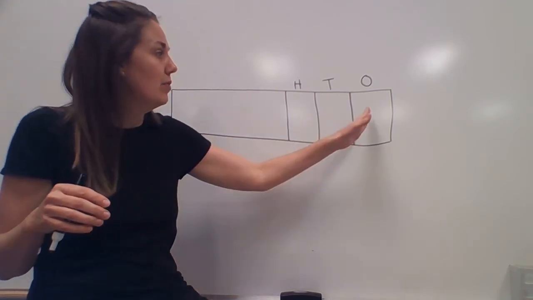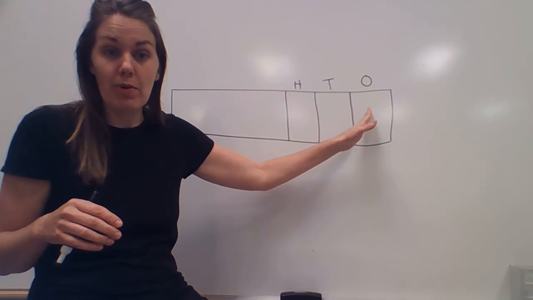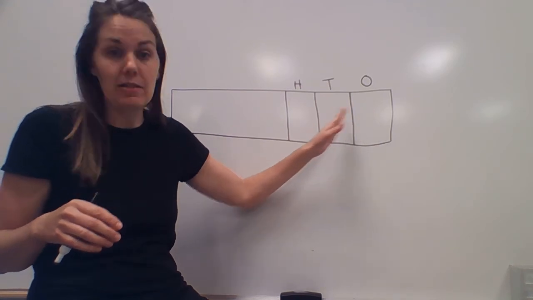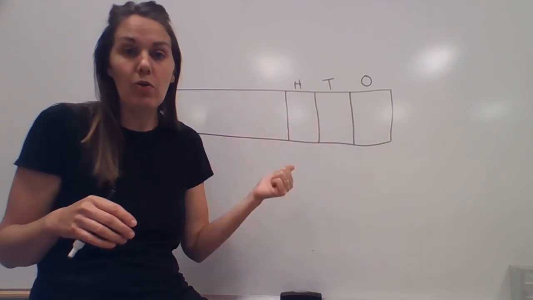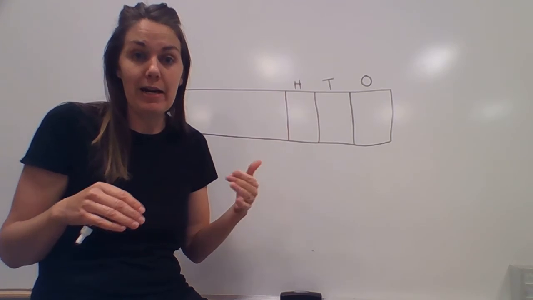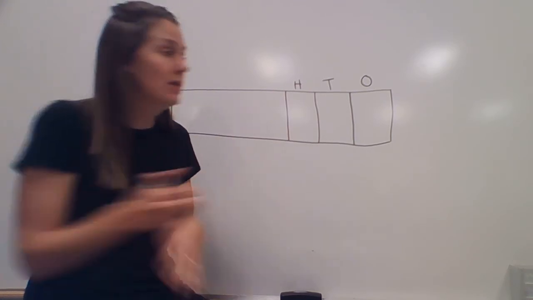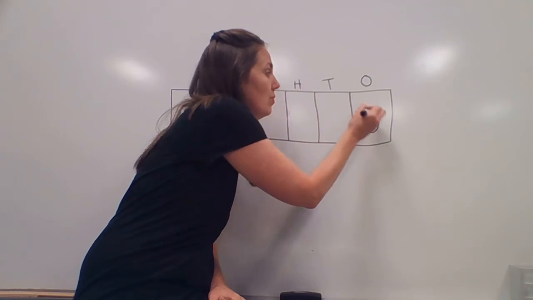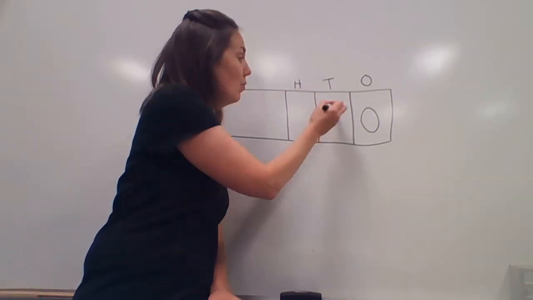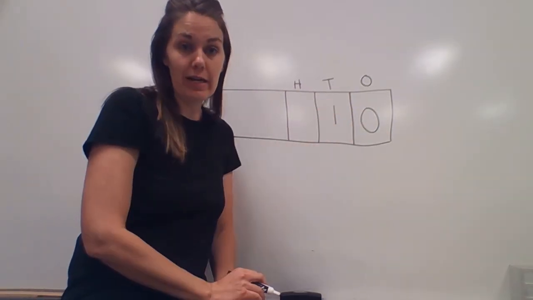So we know that once we have a certain number of ones, we move over to the tens. So once we count 0, 1, 2, 3, 4, 5, 6, 7, 8, 9, when we get to 10, now we have 0 ones and 1 ten, right?